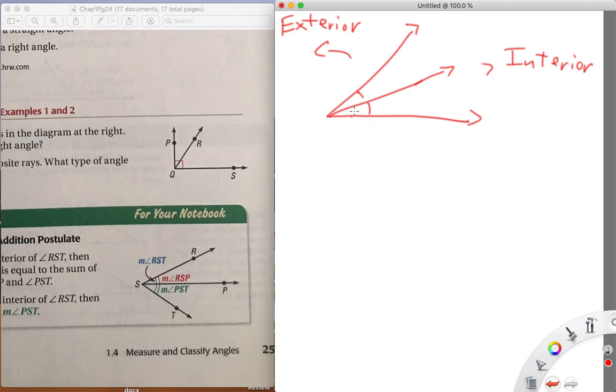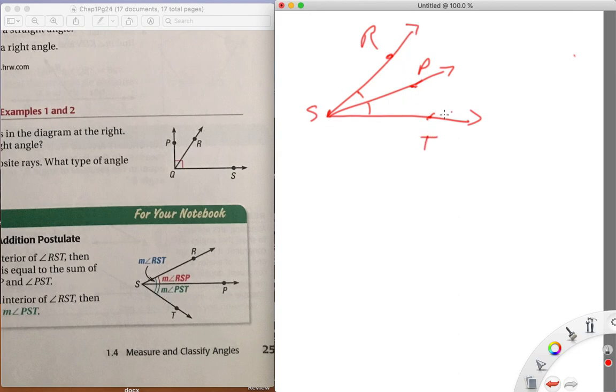So what they're saying is that if I have some main angle, the exterior angle, or the bigger angle, I can say that it's the sum of adding these two guys in the middle. So we call this R, we call this S, we call this P, we call this T.